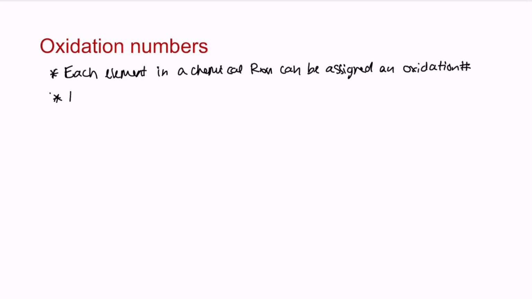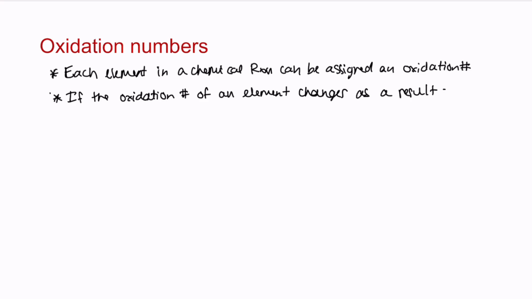And if the oxidation number of an element changes as a result of the chemical reaction, then that means a redox reaction has happened.